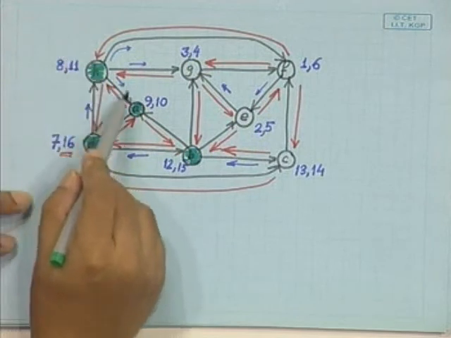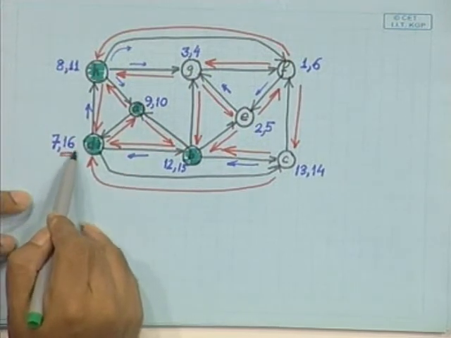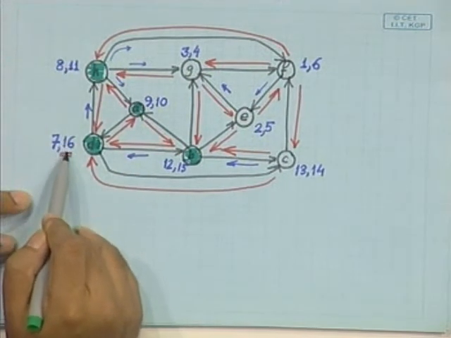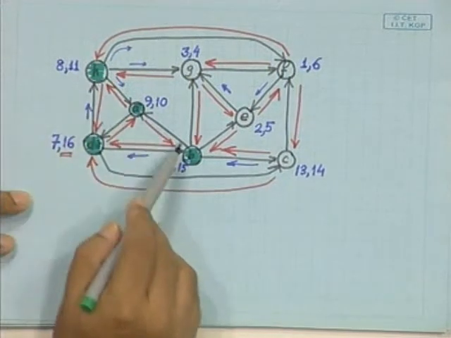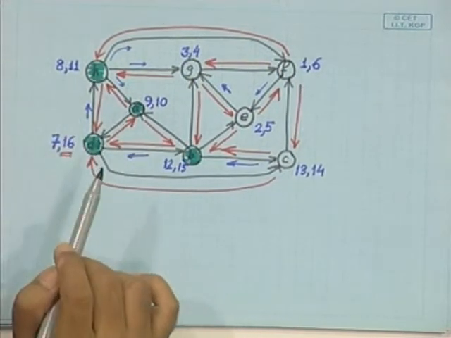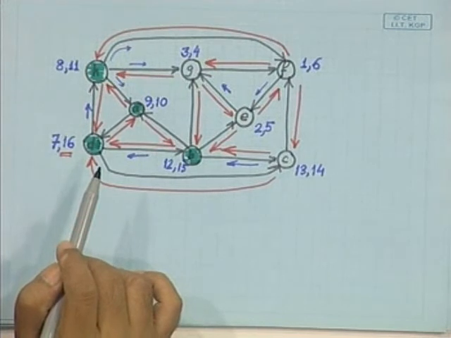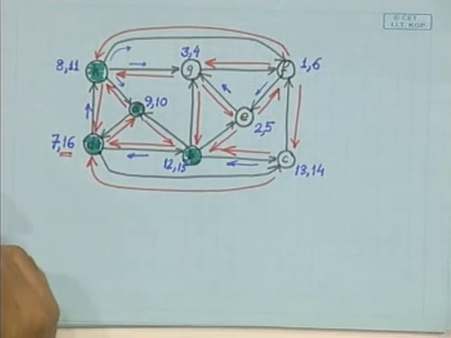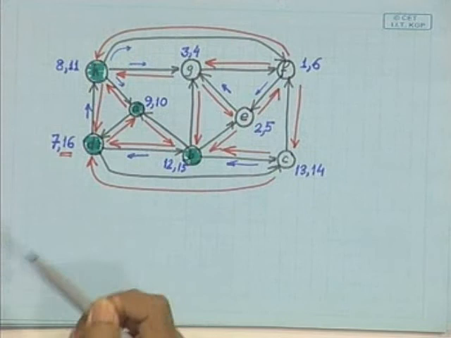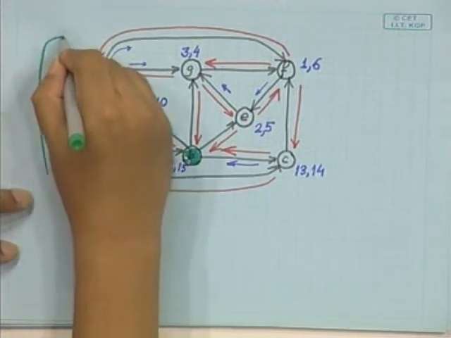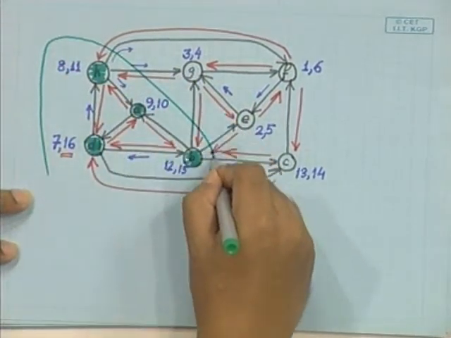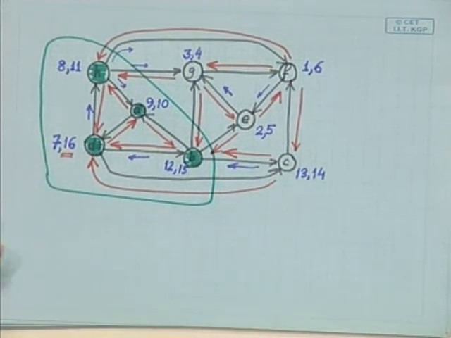So the depth first tree starting from the largest exit numbered node consists of these 4 vertices, right. So we say that this set of nodes forms one strongly connected component, right.